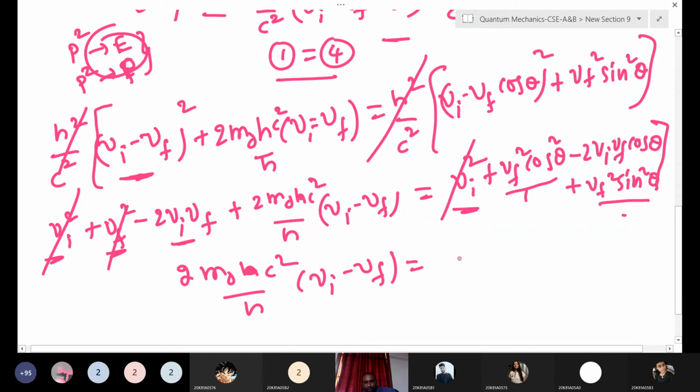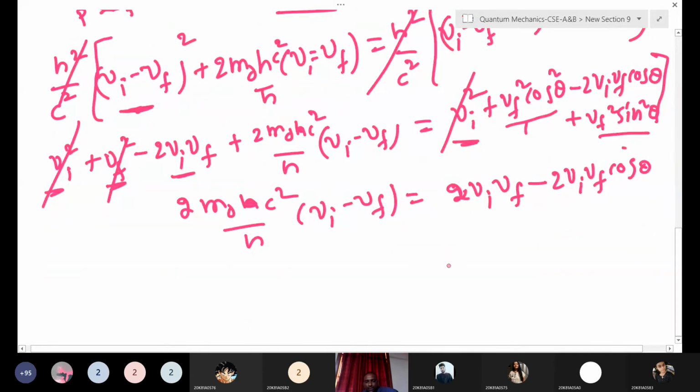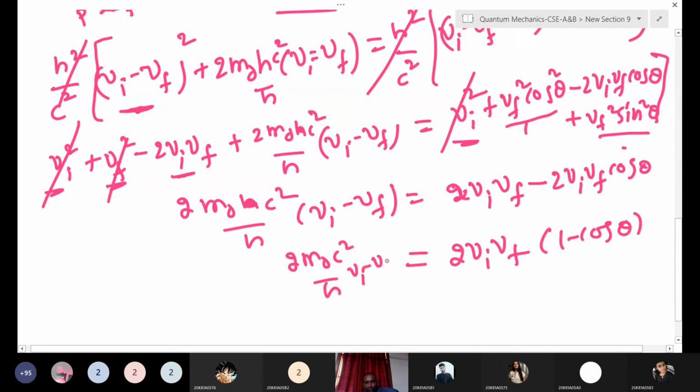What we have here: 2 nu I nu f minus 2 nu I nu f cos theta. From this expression, what can we take out as common? 2 nu I nu f into (1 minus cos theta), right? From there we got 2 m naught c square by h times (nu I minus nu f).